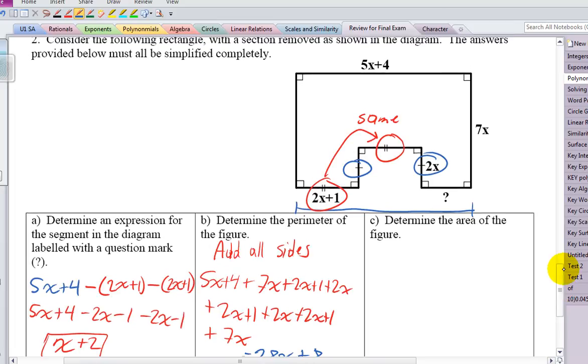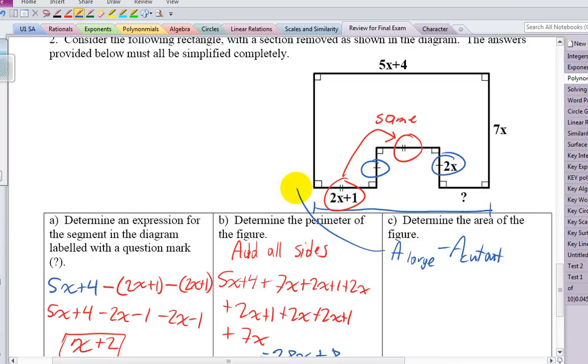Next one, determine the area of the figure. So one of the easiest ways of doing this is you take the area of the large object and you subtract the area that's cut out. Now we're not going to have enough room for that, so let's do that up here. So the area of the large object is simply length times width.